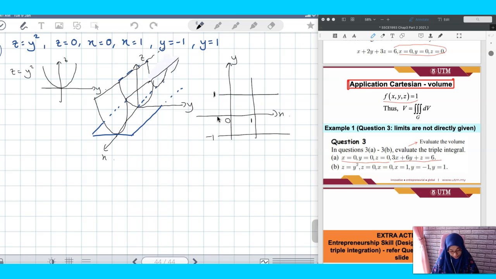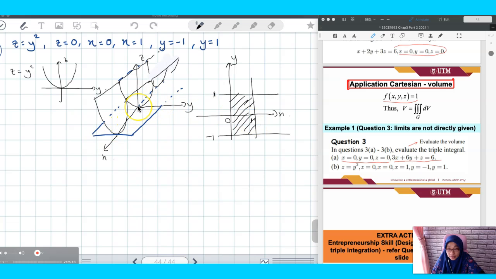So x is always positive, so meaning that you don't need to extend, because you can see here if this is your region, it looks like this one becomes your region on the xy plane. So your x is between 0 and 1.